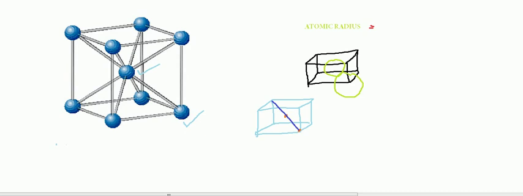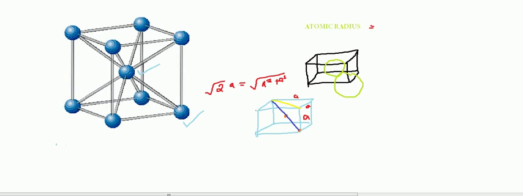And once I calculate this violet line, I'll just make half of it. So look at the yellow line, the blue line, and the violet line. What are the values? This has a value a, and since this is a and this is a, the value of the yellow line will be root over a square plus a square, which gives you root 2a.